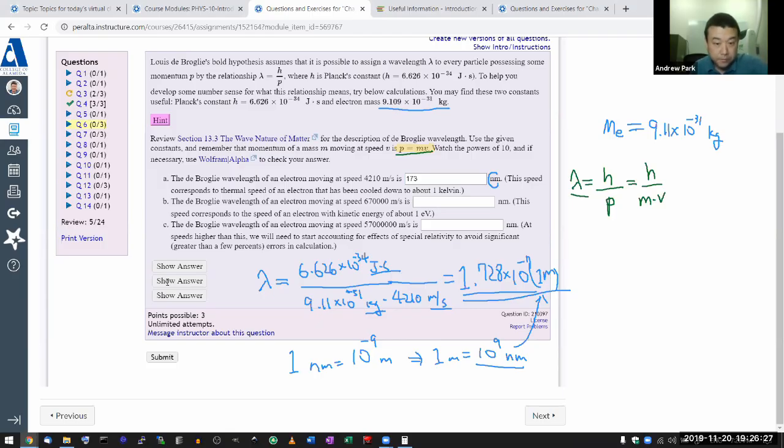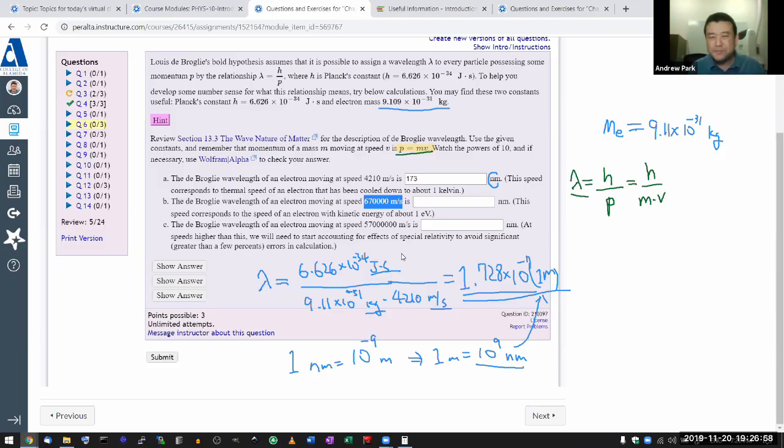Let's see. Do I want to do those other numbers? I don't think I need to do those other parts B and C. So assuming I got part A correctly, all you need to do in parts B and C is just change the number for speed from 4,210 meters per second to some larger numbers. And what I hope you will see is that the wavelength gets very, very much shorter.